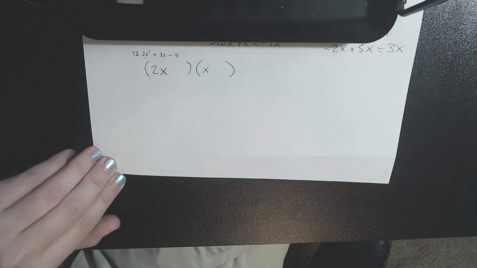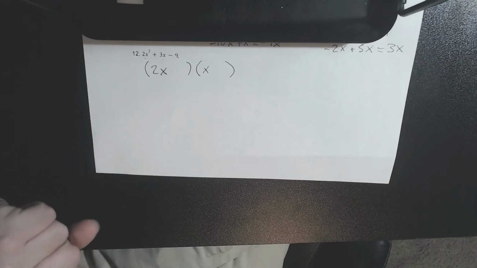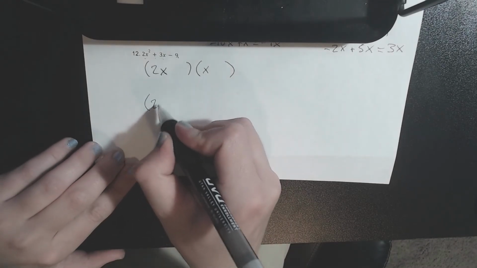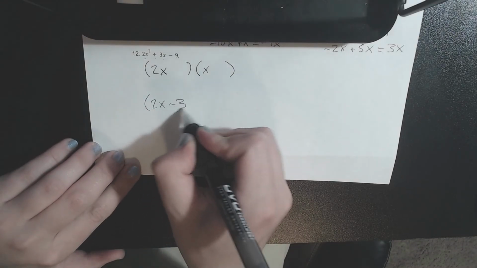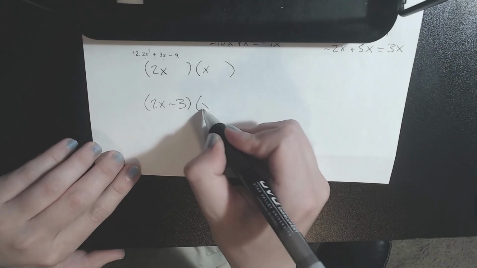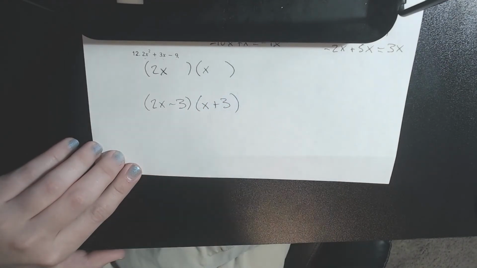Okay, so let's see. Can we think of things that multiply to 9? I guess I'm thinking 3 and 3. To get negative 9, one of them's going to have to be negative. So let's try, I don't know, a 2x minus 3 and an x plus 3. How about that? We'll try that and see if that works for us.